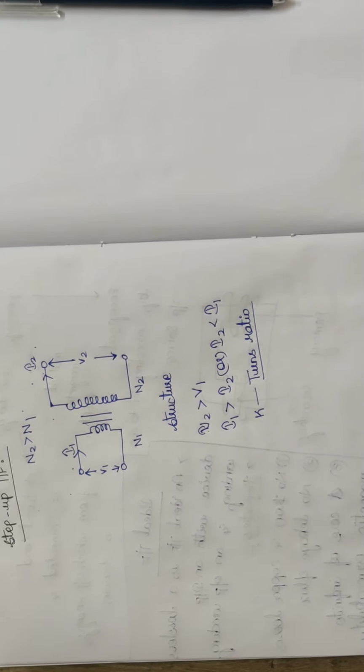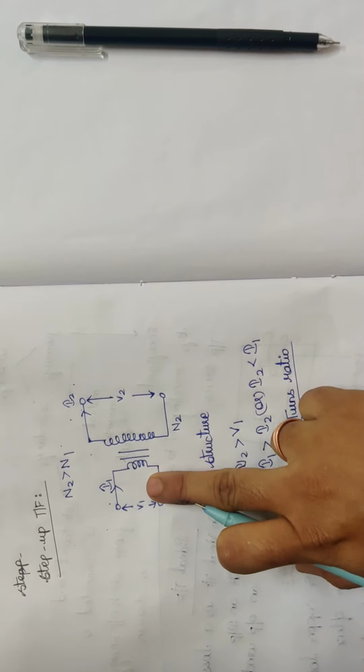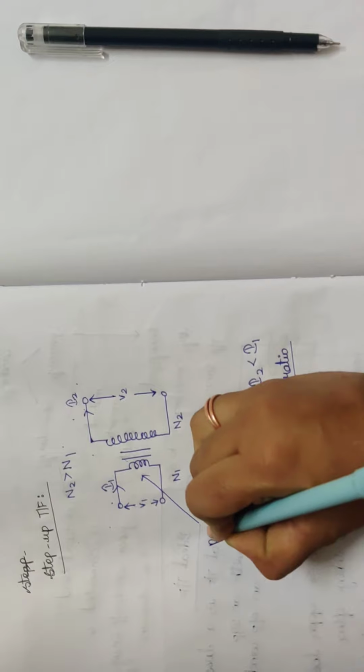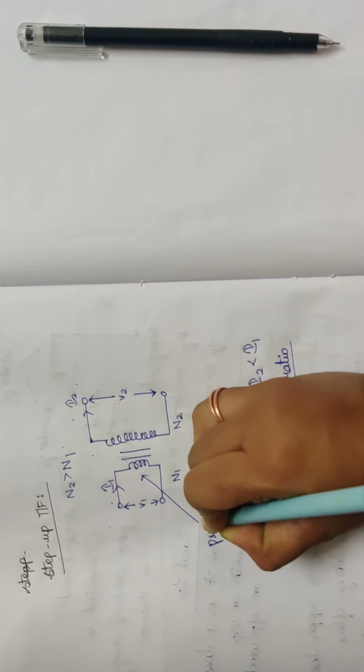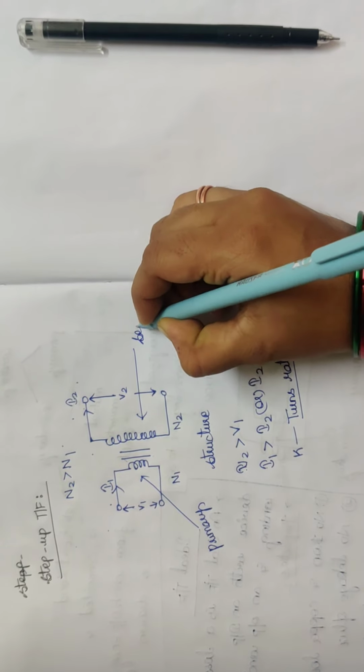How do we define the turns ratio? First, the input winding to the transformer is called the primary winding, and the output is taken at the secondary winding.